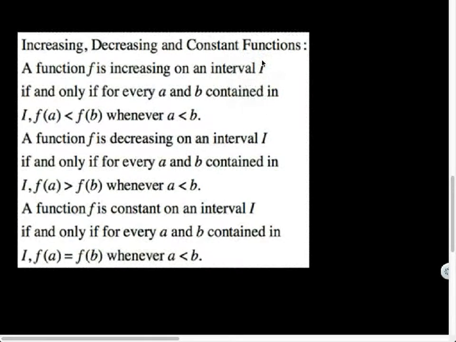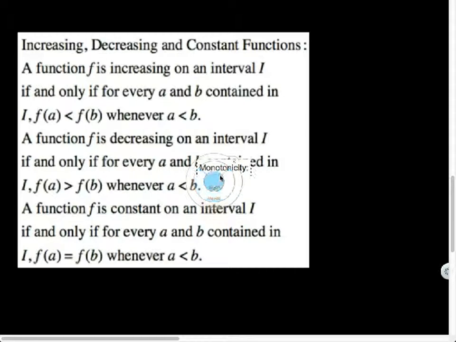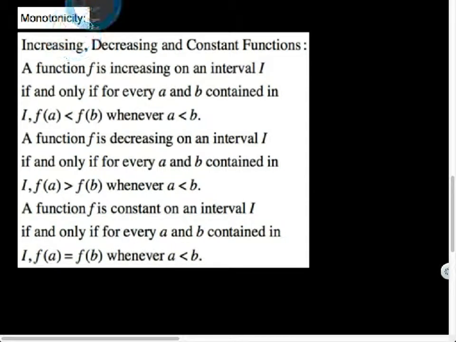So let's talk about monotonicity. Oh, I forgot to copy the part that said monotonicity, because that was actually important, the name of it. So the monotonicity of a function is essentially describing where it is increasing and where it is decreasing.